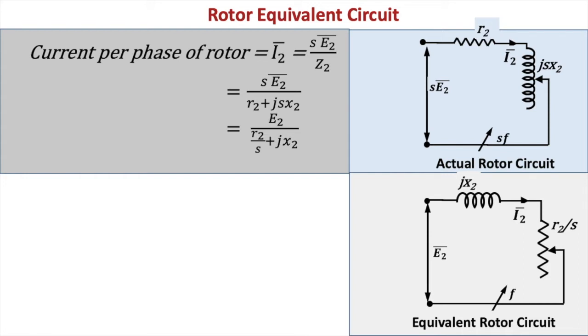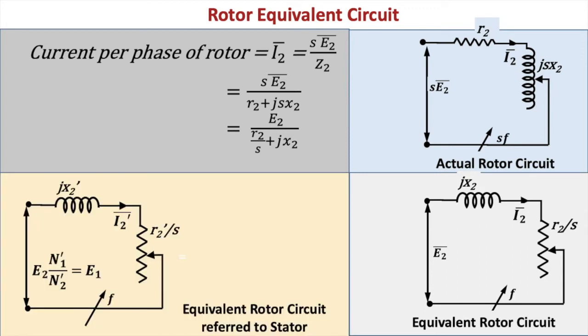In the given circuit the frequency will be F, while actually the frequency in the rotor circuit is the slip frequency, dependent on the rotation of the rotor. But when we define it electrically, we take the induced EMF as E2, the reactance as X2, and the resistance changes to R2 by S. In that case it corresponds to the same frequency as the supply frequency.